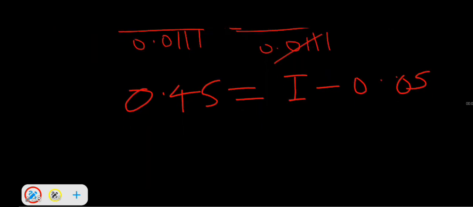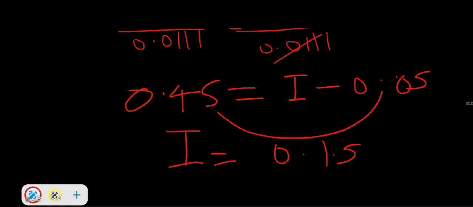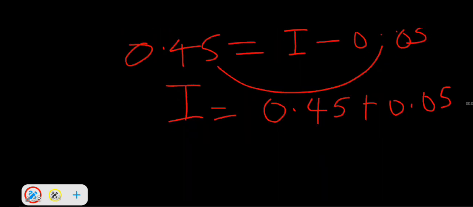So I'm looking for I, just bring this one to this side. So I will be equal to 0.45 plus 0.05. If you add this, you're going to get 0.5 amperes.